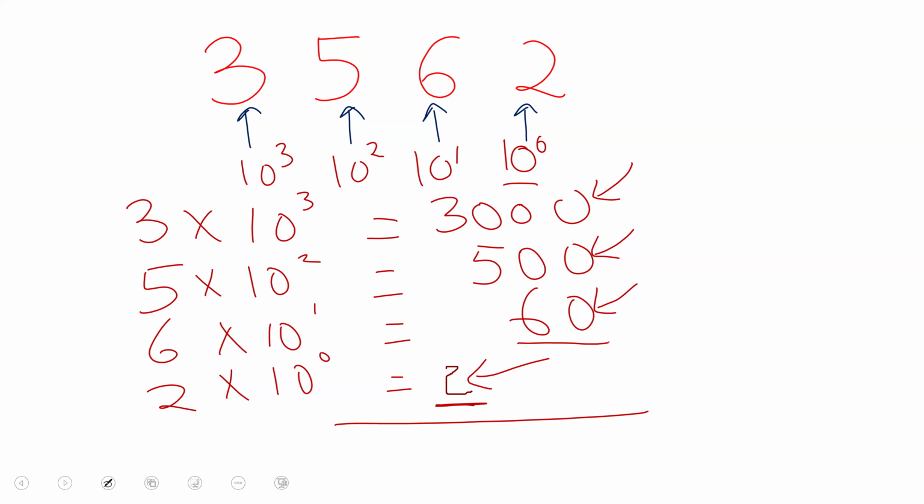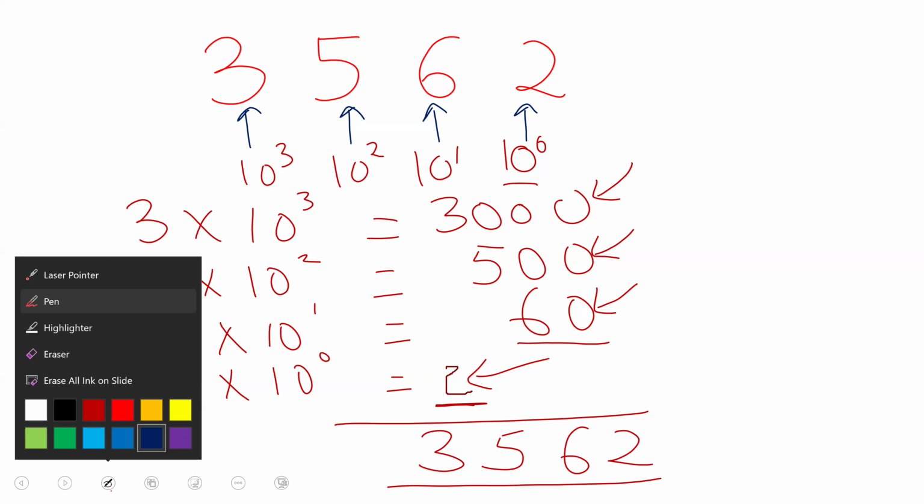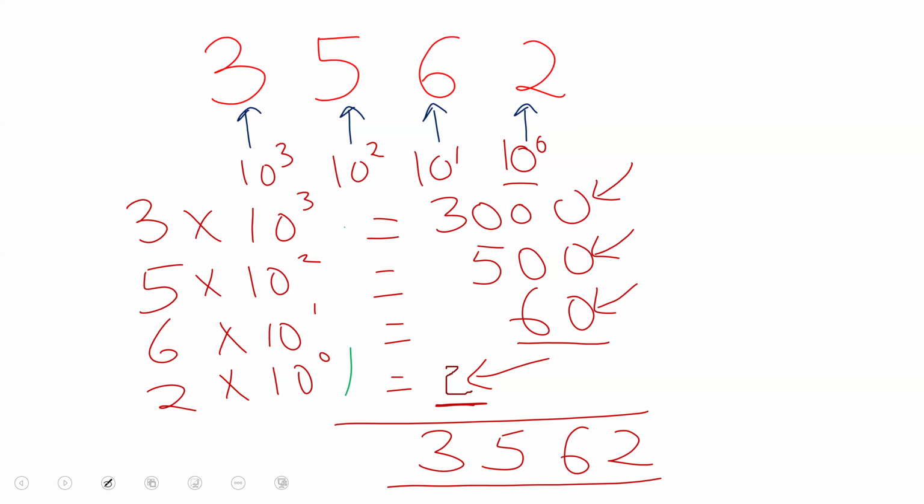So I do my addition, and drop the 2 there, I drop the 6 there, I drop the 5, I drop the 3. That is how we can derive the number 3562, considering the position values. Very important, my dear girls, is this part here.